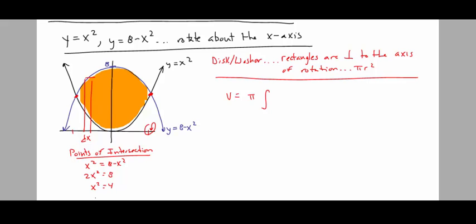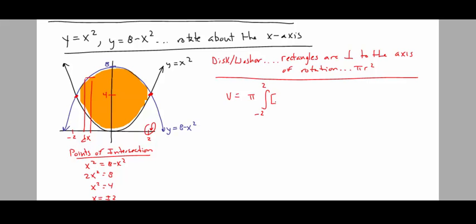Divide through by 2, x squared equals 4. Take the square root of both sides, and I have x equal plus or minus 2. So this is negative 2 and positive 2. And then, if I plug that in, this height is 4. 2 squared is 4. Negative 2 quantity squared is 4 as well. So these vertical rectangles will go from negative 2 to positive 2.